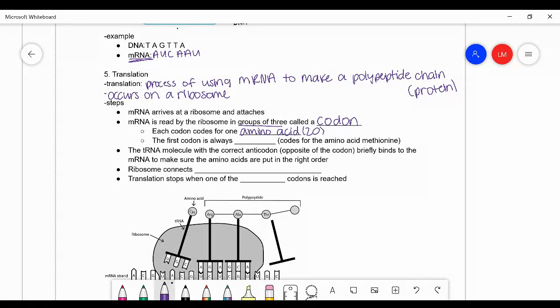The first codon every single time is always AUG. So that says, okay, time to start translation. I am the start codon, and I code for the amino acid called methionine. AUG might be found later on in the mRNA sequence, and that's fine, but translation is always going to start at AUG.